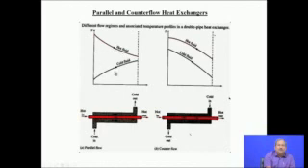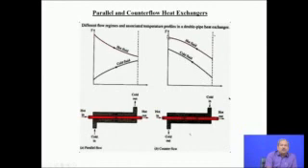So this type of arrangement, in which both the hot and the cold fluids flow parallelly, as has been shown over here, is known as parallel flow. In a double pipe heat exchanger, these are parallel flow heat exchangers. When they flow in the opposite direction, the cold fluid, this is the cold fluid inlet, flows in this direction, and this is the cold fluid outlet.